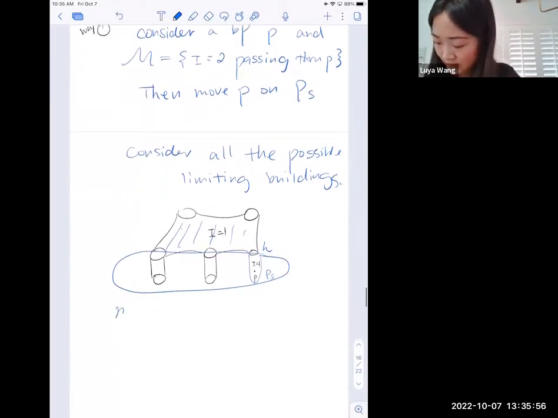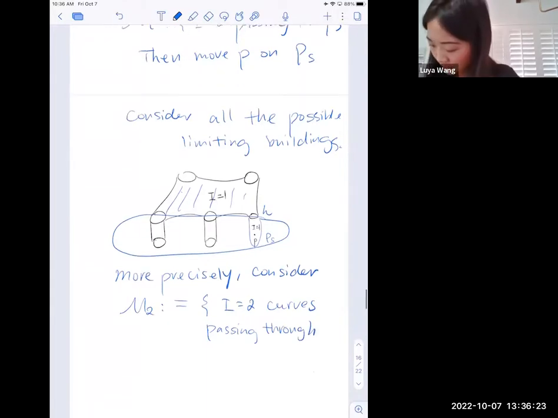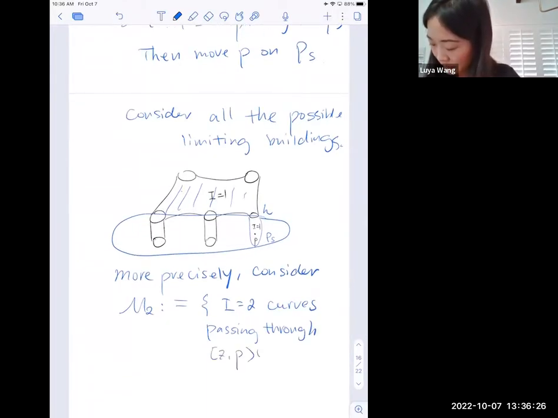And then more precisely, consider the moduli space of index 2 curves passing through the interval that is Z1P union PZ2.